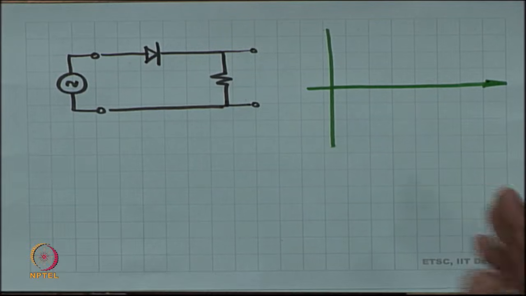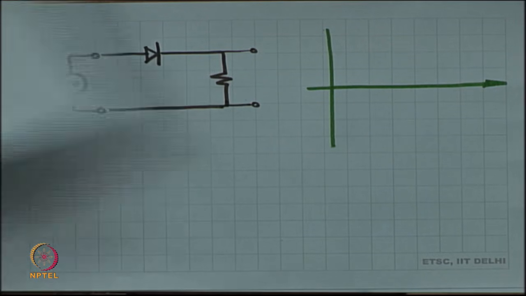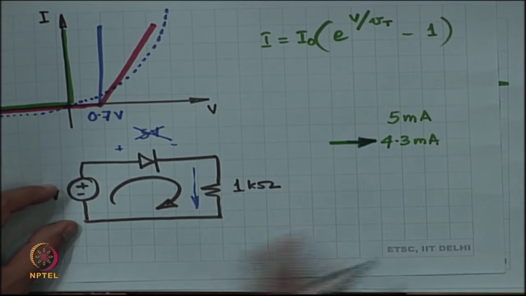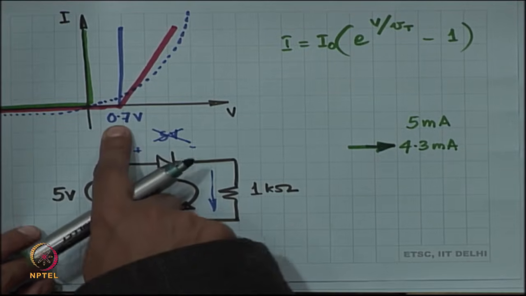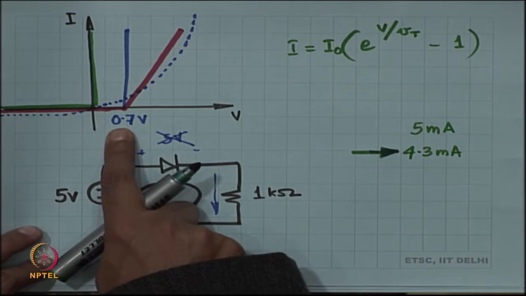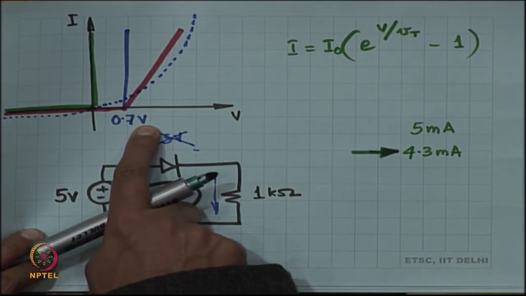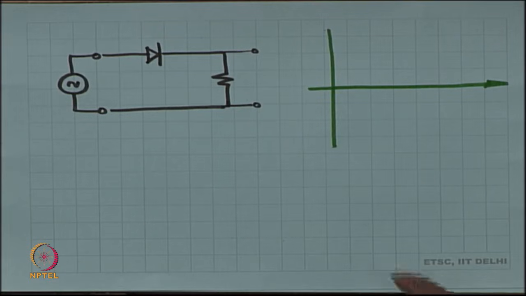So, let us use our second rule. We are going to go by this most of the time. We are going to make an approximation that the silicon diode conducts when the voltage is beyond 0.7 volts and does not conduct when the voltage is below 0.7 volts. So, let us make this approximation and proceed.